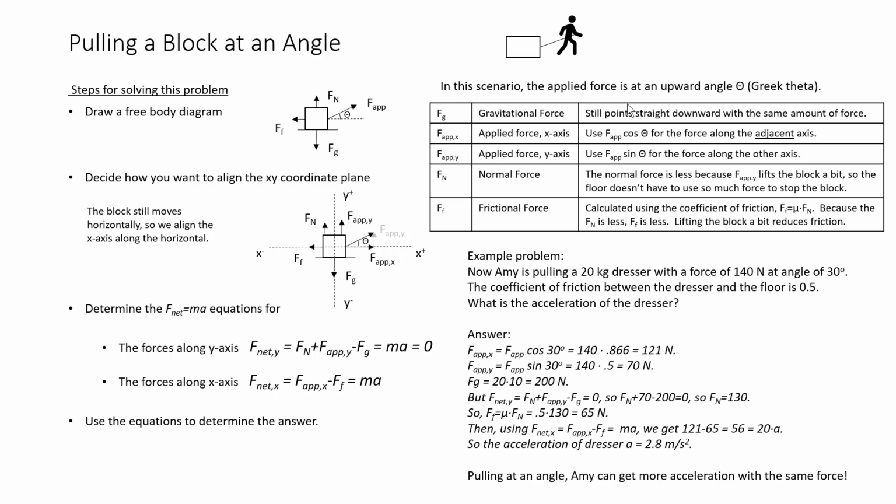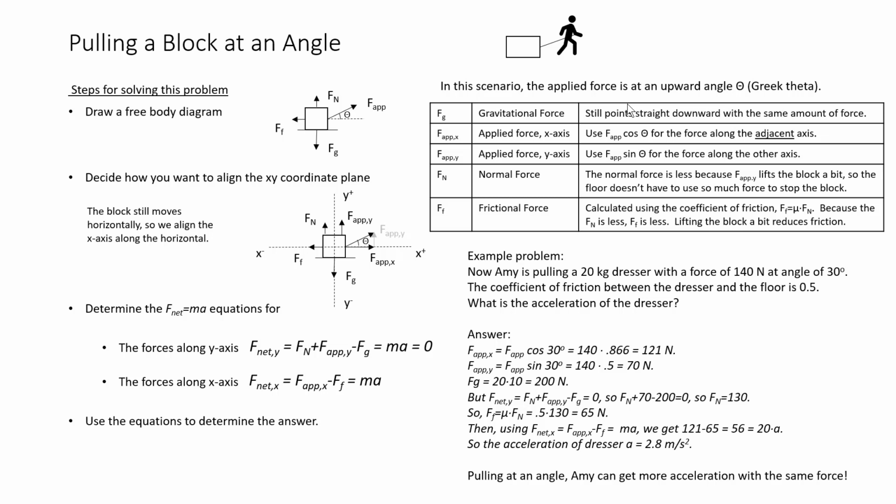And you calculate the applied force along the x-axis, along the adjacent axis, by multiplying the applied force times cosine of theta. So cosine is adjacent. And then to get the applied force along the other axis, in this case the y-axis, you use the applied force times sine theta. So sine theta is the other axis.